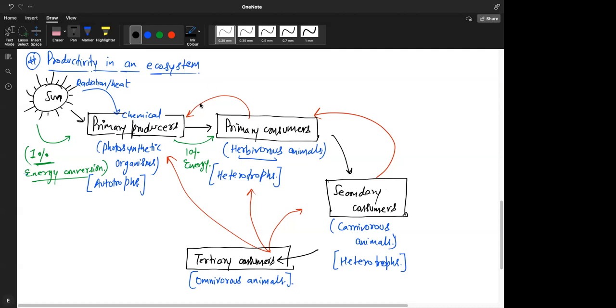Also, one thing, this red line signifies feeds on. Oh, I should write it with red.